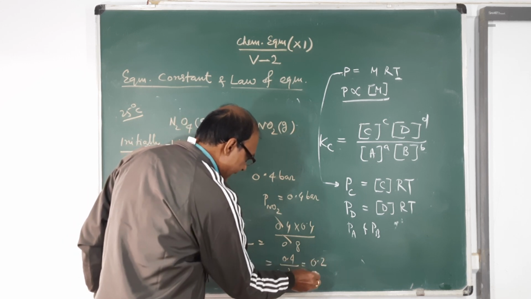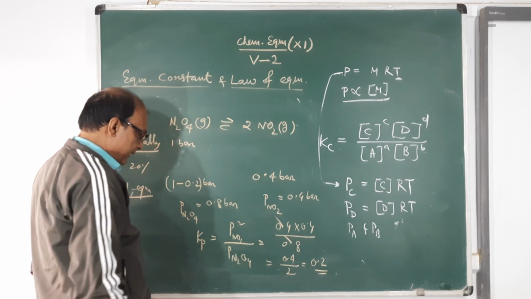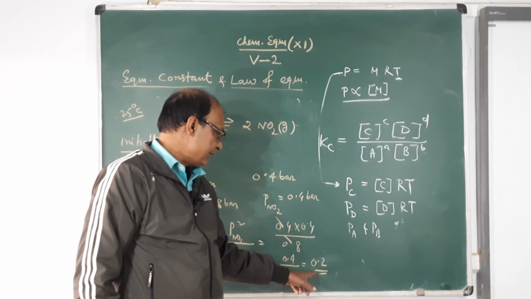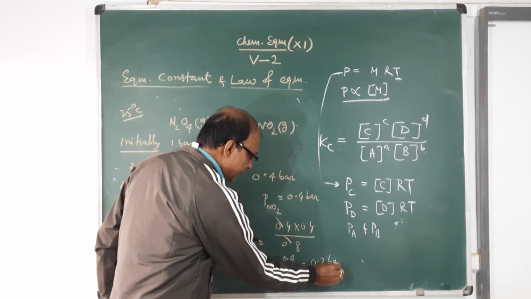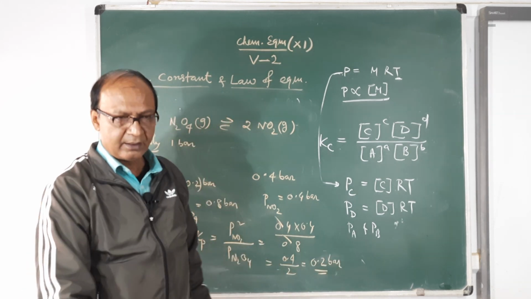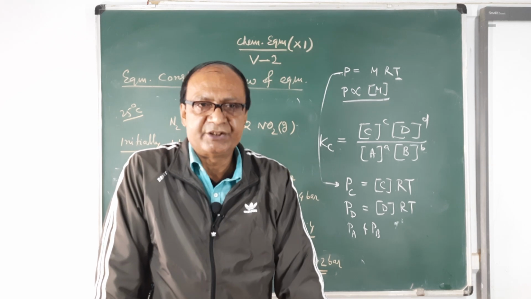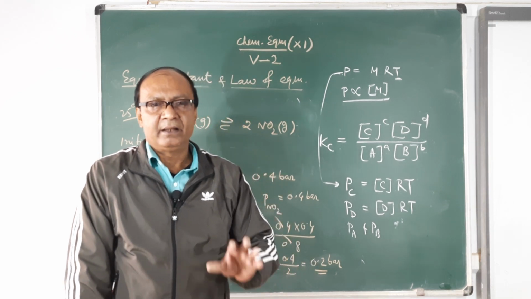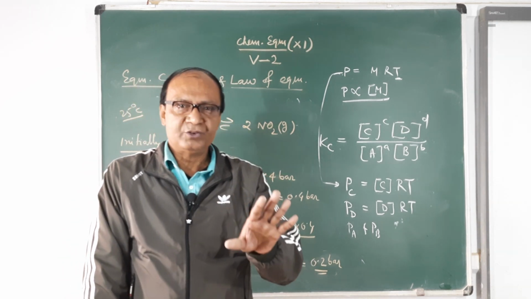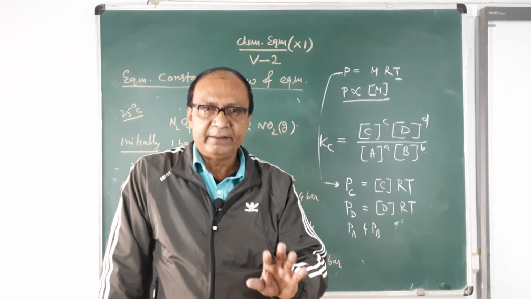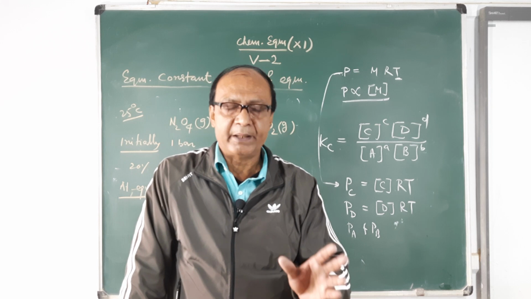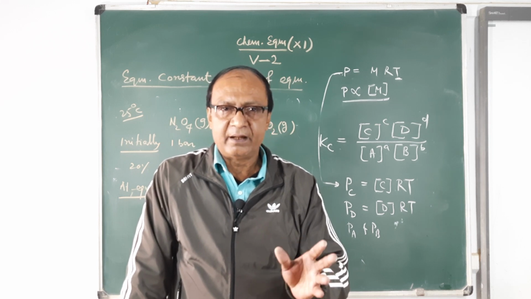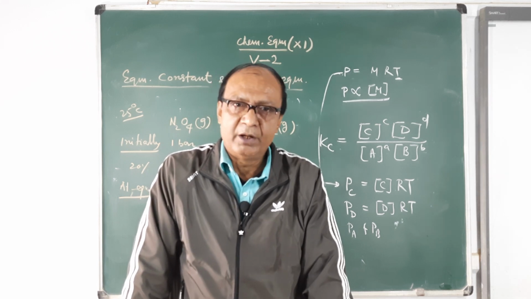See, this is the answer: Kp is 0.2. Generally its unit is bar into bar by bar, so it is bar. But generally we do not write the dimension of Kp and Kc; their numerical values are generally written. Next time we will discuss how to find the value of Kp and Kc and why they are dimensionless. Okay boys, thank you.